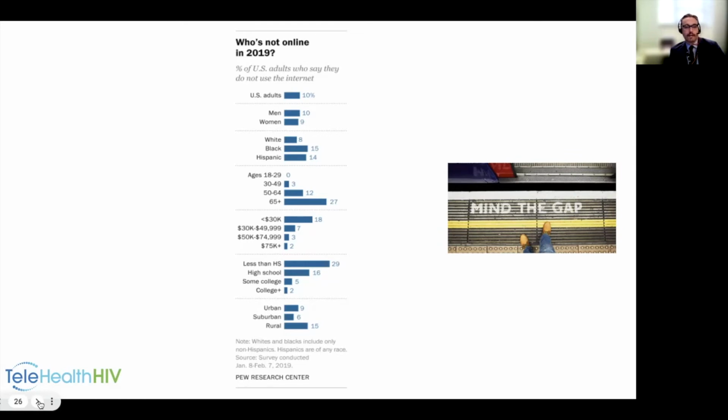People who make less money, less than $30,000 a year, about a fifth of them are not on the internet, at least they weren't in 2019. With less than a high school education, almost a third are not on the internet, versus high school or college plus. And then urban versus suburban versus rural. Again, a lot of rural folks and even some urban folks just don't have good online access.